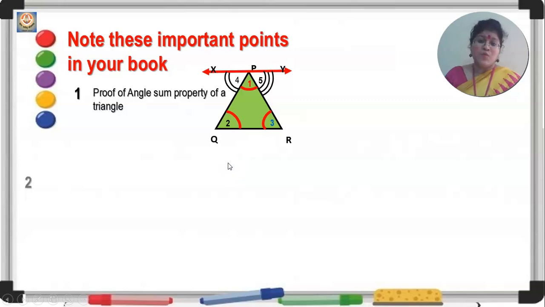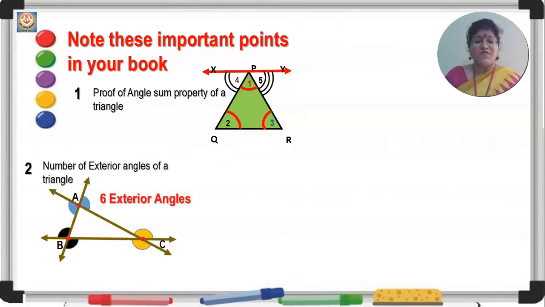The second thing that I want you to write down in your notebook is the number of exterior angles of a triangle. That is 6 exterior angles. You will draw a diagram like this. You will shade this in different colors. You could give the same color to this, same color here, and the same color out here. And also, homework, write down which are the 6 exterior angles of this triangle.